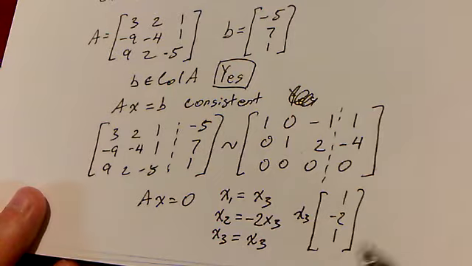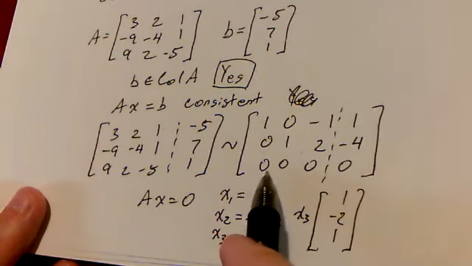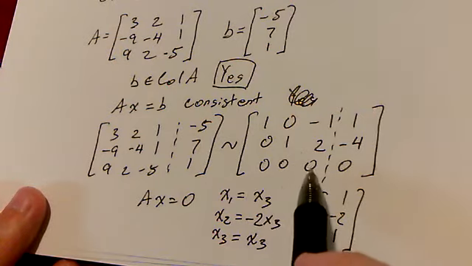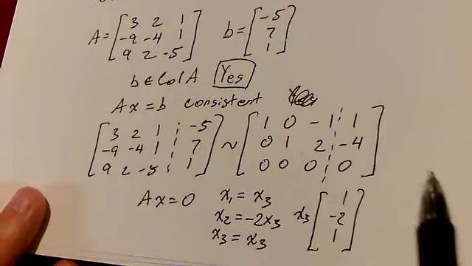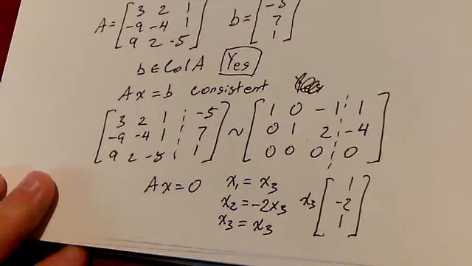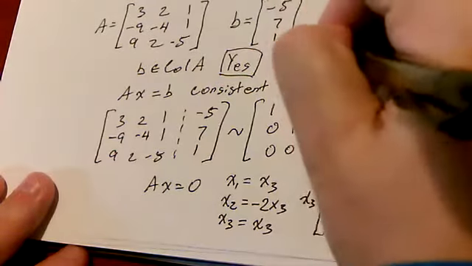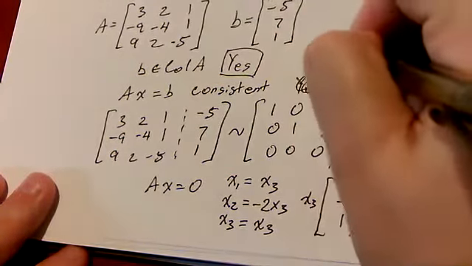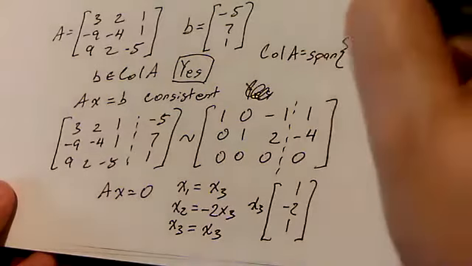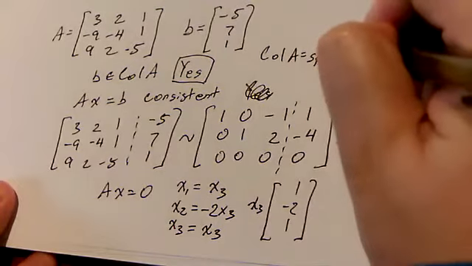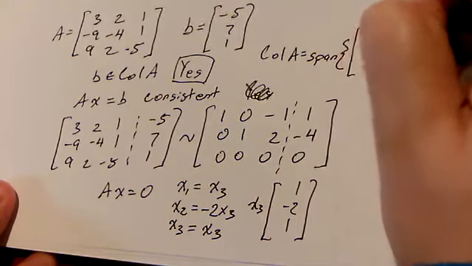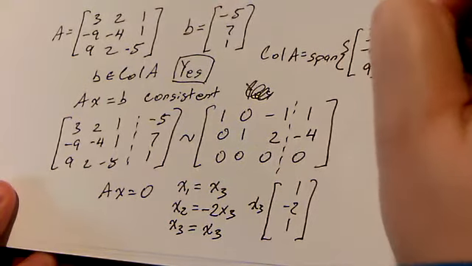So when I'm looking at this, my column space really is only the two independent vectors. Adding a third dependent vector does not give me any new information about my space. It doesn't add anything. So the column space of A can be thought of as the span of just the first two columns, 3, -9, and 9, and then the second one with 2, -4, and 2.